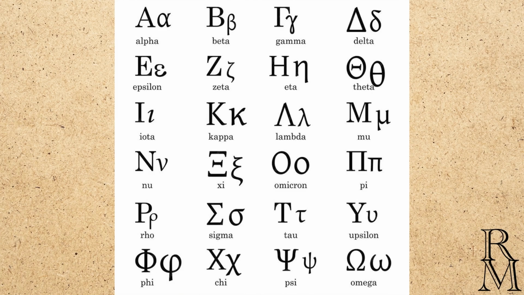If it ends the word, you have a different form of sigma than if it comes in the middle of the word. We have tau, upsilon, phi, chi, psi, and omega. Those are your Greek letters, your Greek alphabet, and understand that we also have vowels and diphthongs.